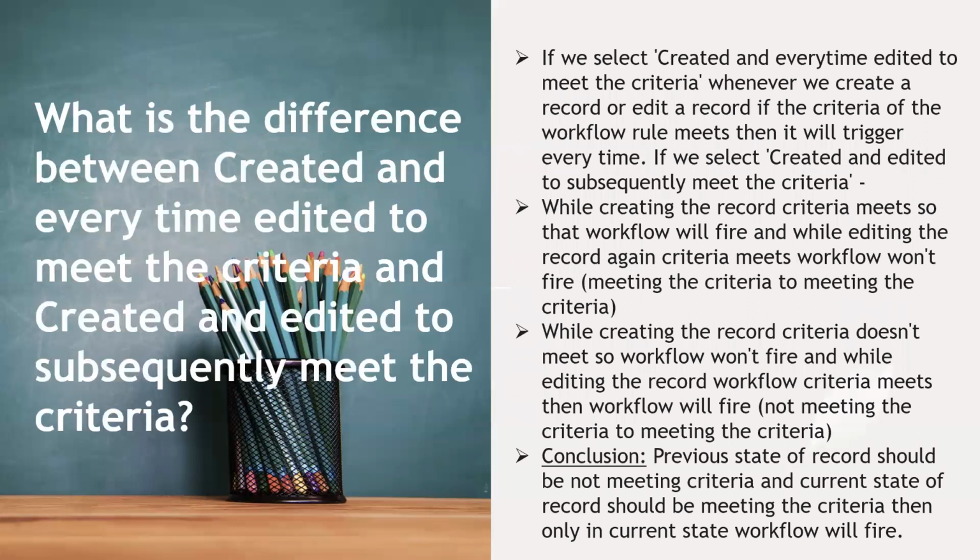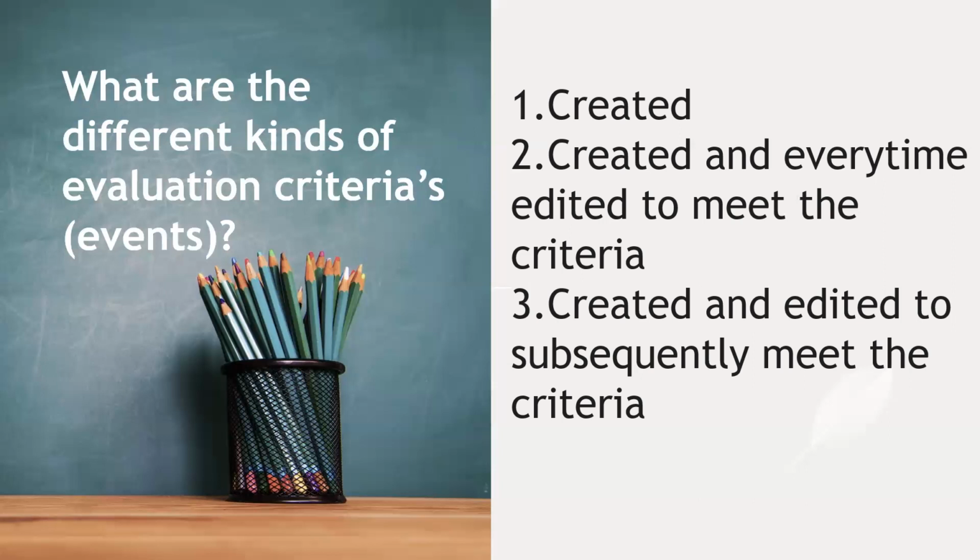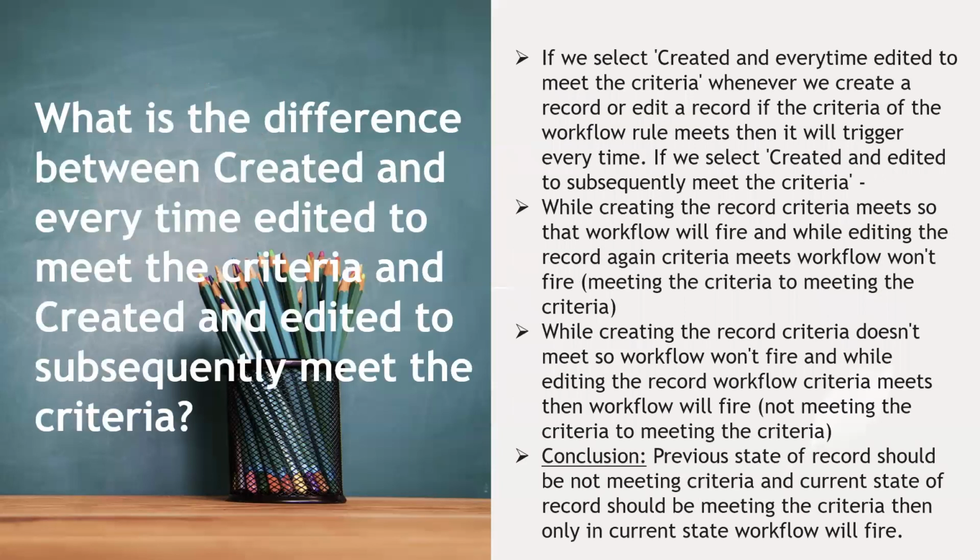What is the difference between the three evaluation criteria? I will tell you in simple words. The first one is created. Created means whenever we create the record, only at that time the workflow action should be fired.